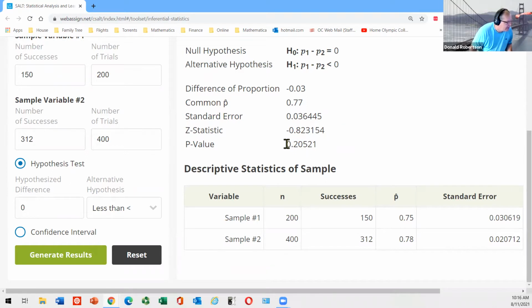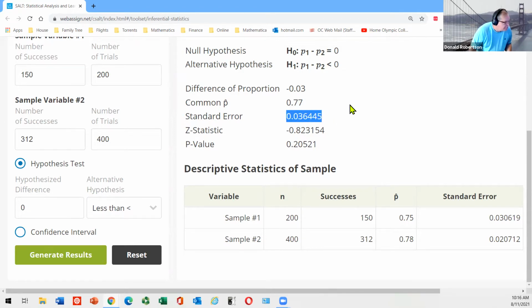Now, there is our p-value. So that's the guy that we were after. And I'm writing it down right now, 0.205. Again, I'm writing it down to 3 decimal places. Oh, by the way, do you see the standard error?